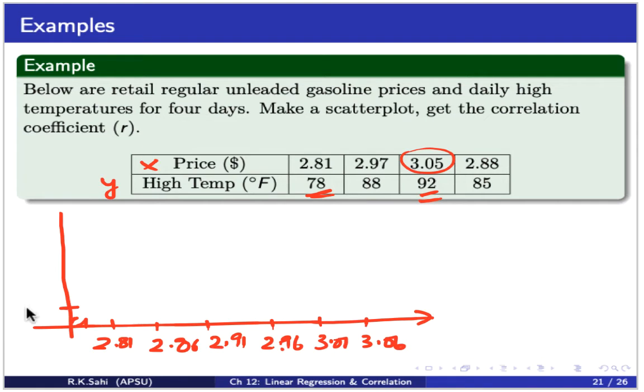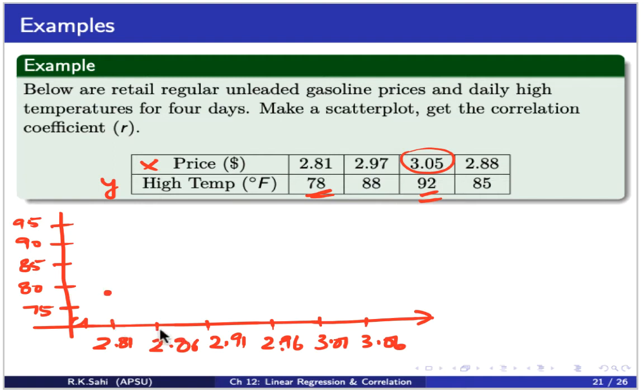So say we start with 75, 80, 85, 90, 95. Okay, now, so 2.81, 78, eyeball it, somewhere in the middle.